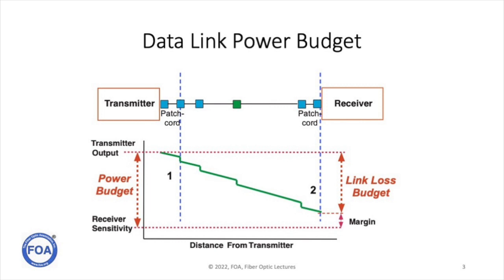It shows the losses of the connection into the cable plant, and then connectors and splices in the cable plant, and the attenuation of the optical fiber in the cable plant. Looks a lot like an OTDR trace, actually. At the far end, our green line shows you the power at the receiver at point number 2.